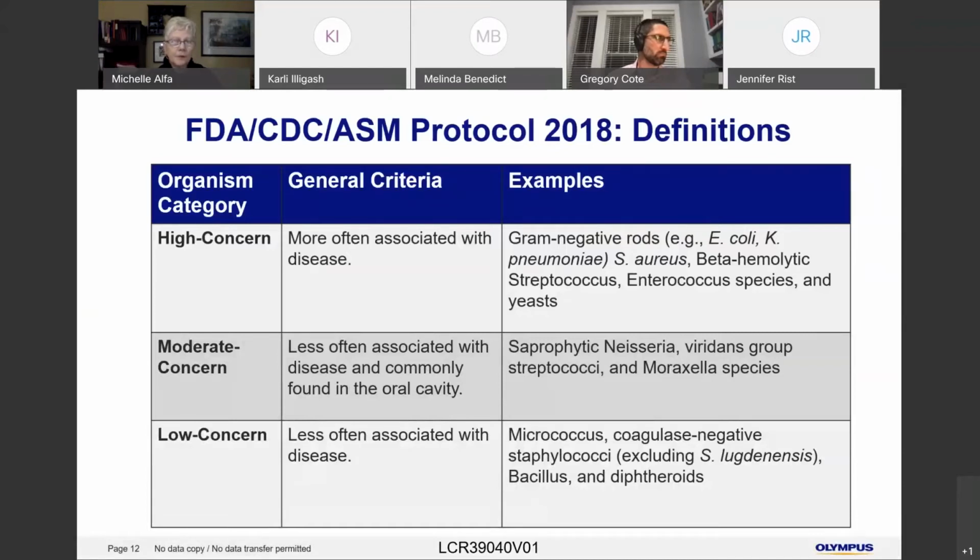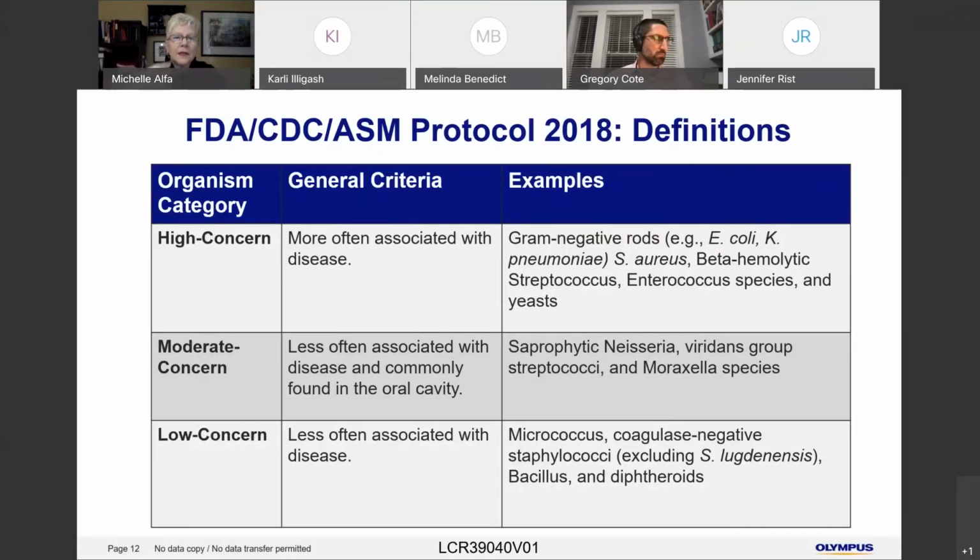This is something that can really be confusing if a facility has just started with a sampling and culturing program and gets their lab reports back and then has to decide how to interpret the lab reports and then what happens then. So this slide here is one of yours: high, moderate, low concern. What do these things mean?